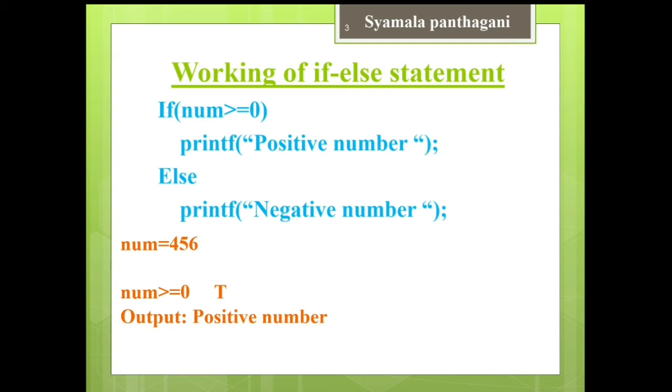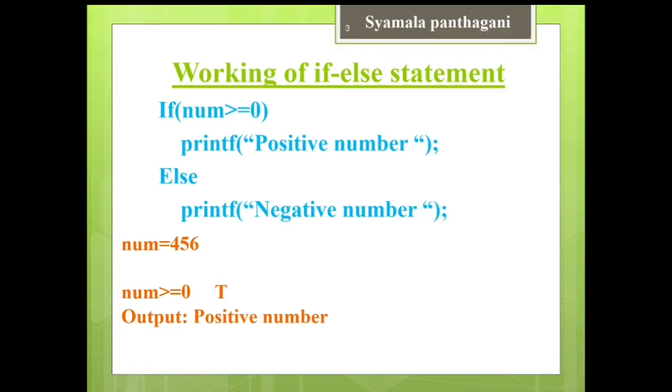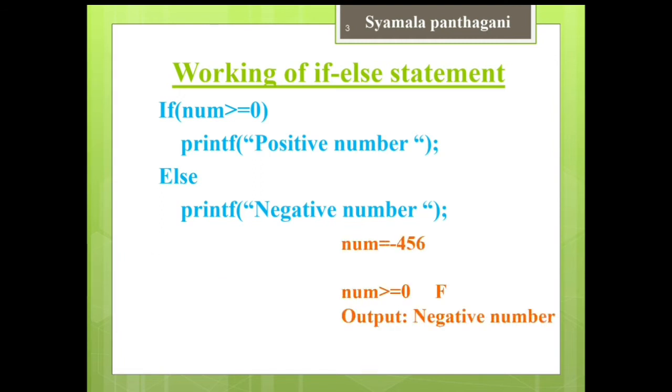Otherwise, if we take any negative number, that is num is equal to minus 456. Here I have taken minus 456. Substitute this value in this condition. Minus 456 is greater than or equal to 0. Is it true?